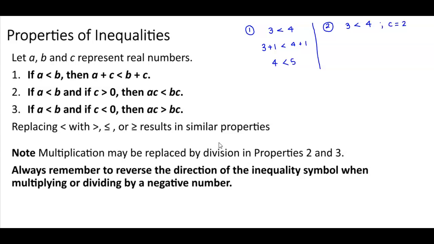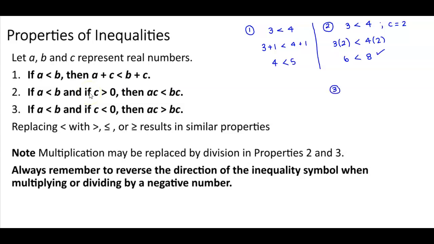Let's go ahead and do that. So 3 times 2, is that going to be less than 4 times 2? Well, 3 times 2 is 6. 4 times 2 is 8. And so therefore that's true. So that is property number 2.